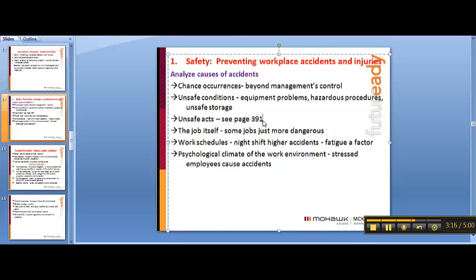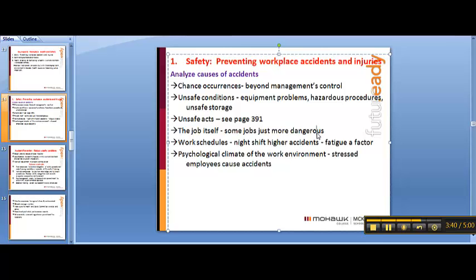Sometimes the job itself might be more dangerous, if you're working by the blast furnace in a steel manufacturing environment. What about people who collect garbage? God knows what's in a lot of those bags that they pick up, right? So the jobs themselves can be more dangerous, and they probably just have to lift more as well, right?